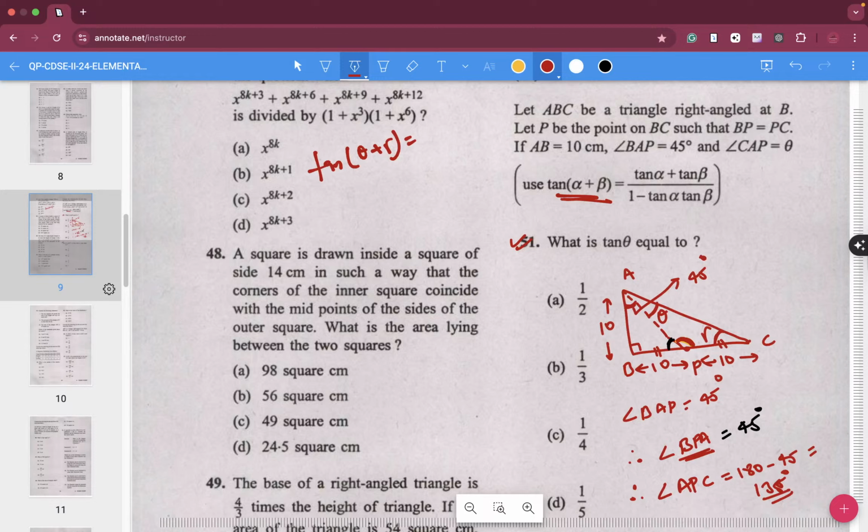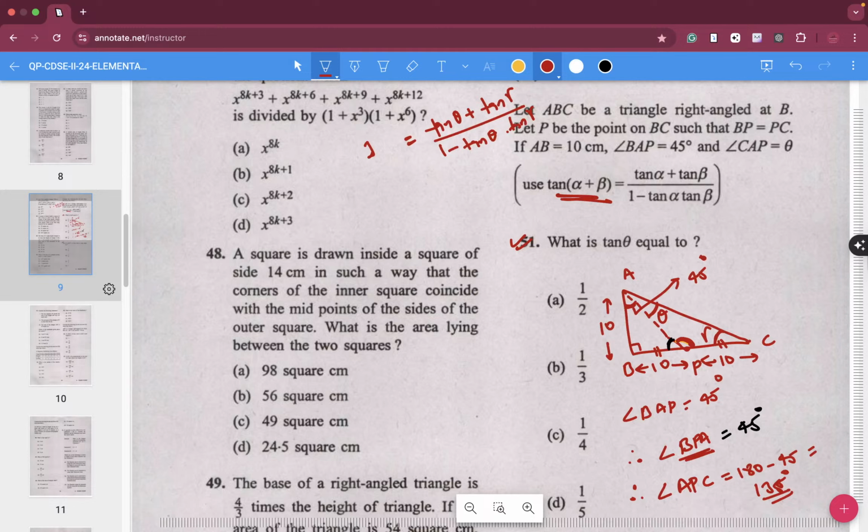This angle over here is 135 degrees, so tan(theta plus gamma) is obviously tan 45, or simply 1, which is equal to (tan theta plus tan gamma) divided by (1 minus tan theta tan gamma).